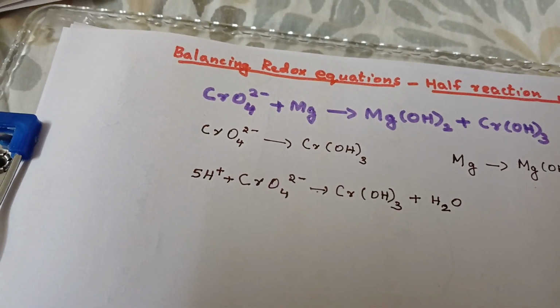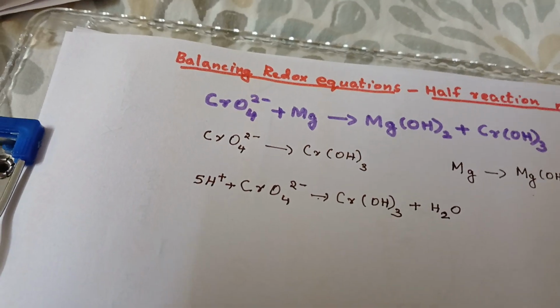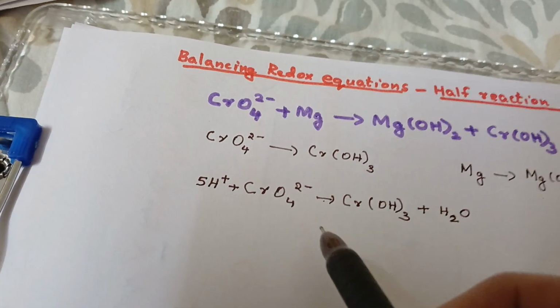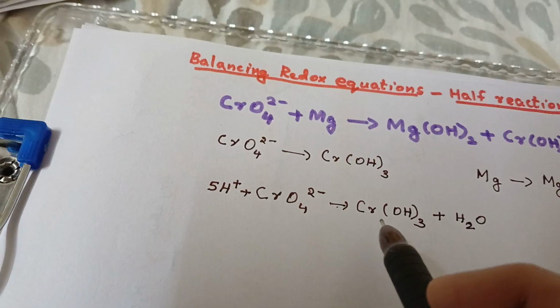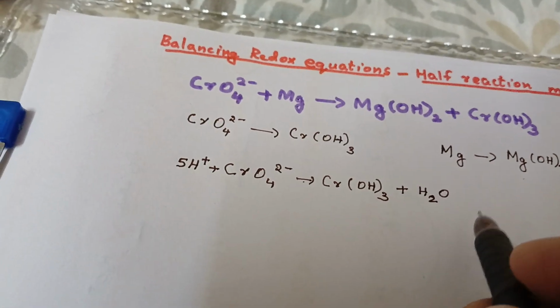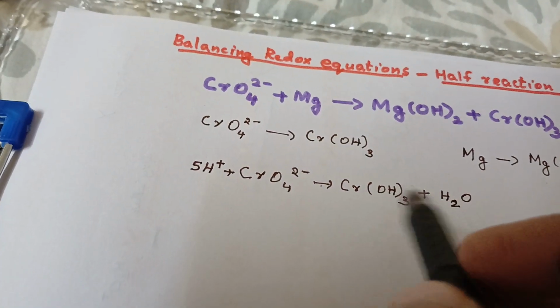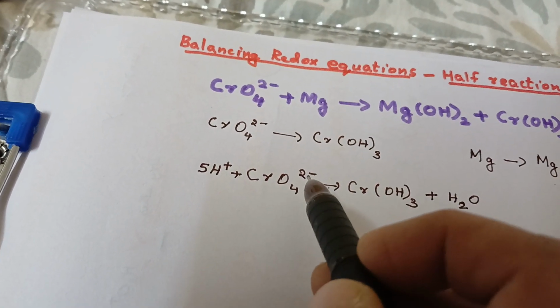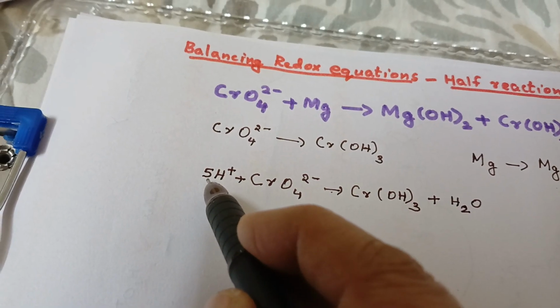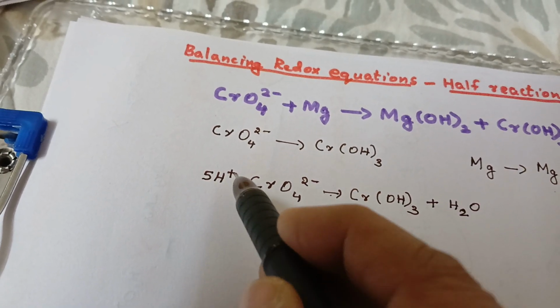Now all the atoms are balanced. Hydrogen, oxygen, chromium, all are balanced. We need to look at the charges now. On the right hand side there is no overall charge. Here we have minus 2 and here we have plus 5 from the 5 H plus.